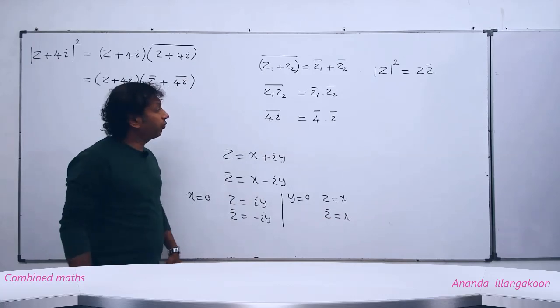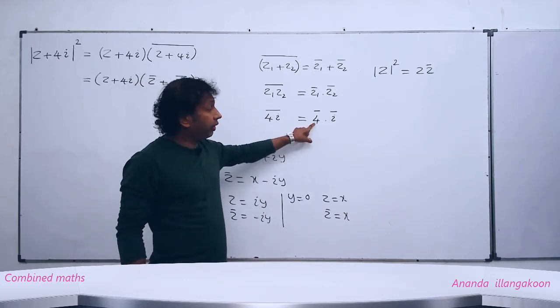Understood? So therefore, here you can see 4 is purely real. Its conjugate is the same 4.